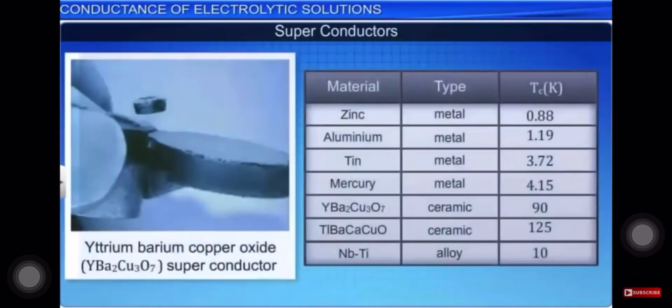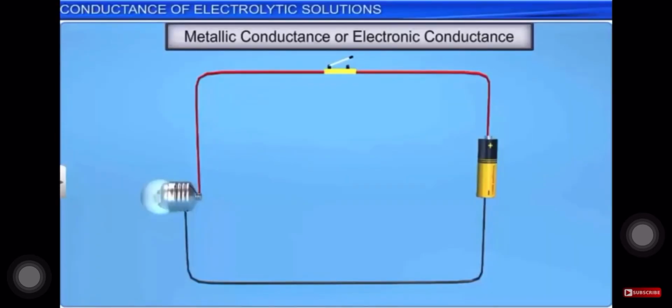Now here are the superconductors. What is the role of superconductors? They help to conduct lots of electric current and their conductivity is very high. These are the metals which are highlighted, and in between you see a long name, YBa2Cu3O7, which is the ceramic for the same. Now moving further, this is the conductance of electrolytic solution: metallic conductor or electronic conductor.